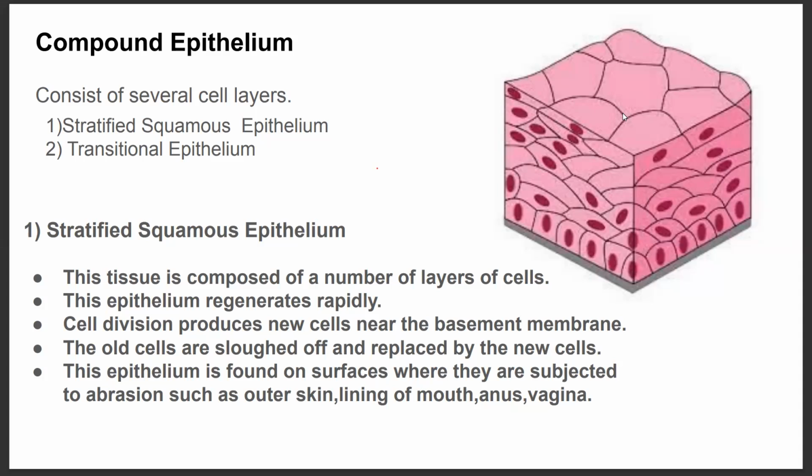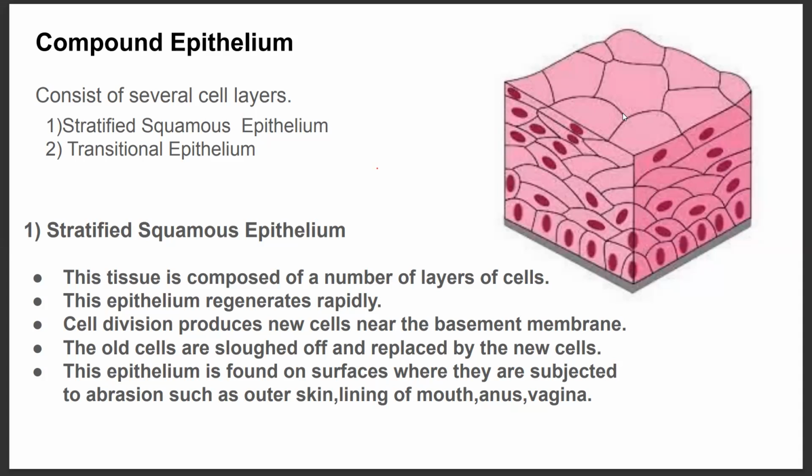But here this epithelium regenerates rapidly. And the next point, this epithelium is found in places where they are subjected to abrasion, like outer skin, lining of mouth, anus, vagina. Right? 5 points. This tissue is composed of several cell layers.